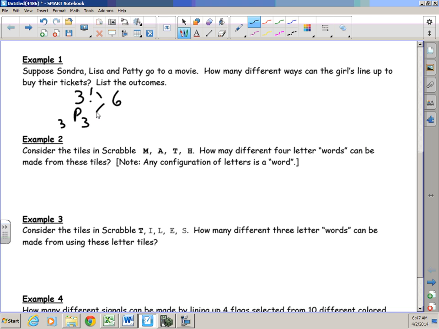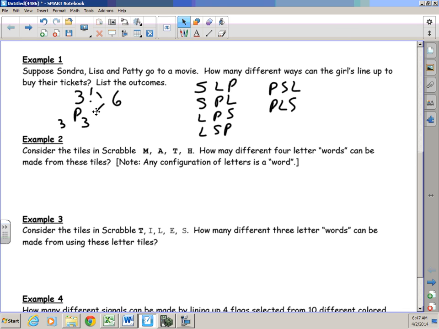Just to show you what we're talking about, the way they could have lined up for the movies is it could have been Sandra, Lisa, Patty, or it could have been SPL, it could have been LPS, LSP, PSL, or PLS. So those are the 6 different arrangements that we could have had here.